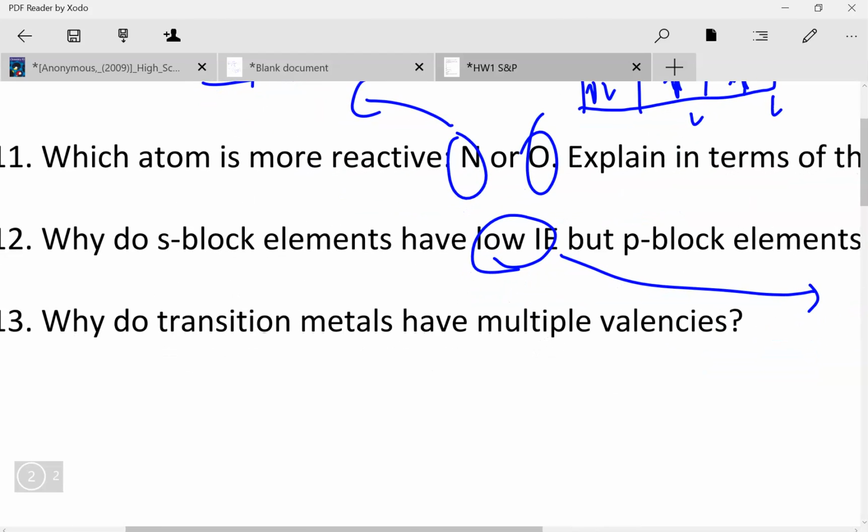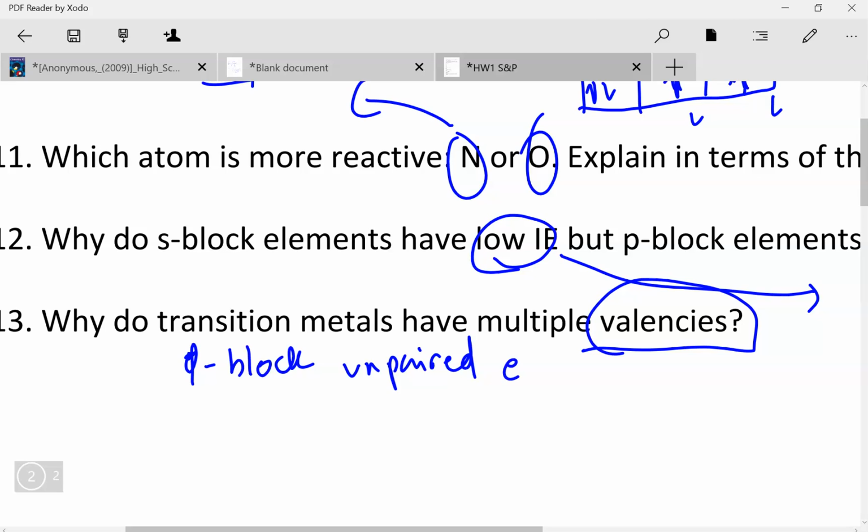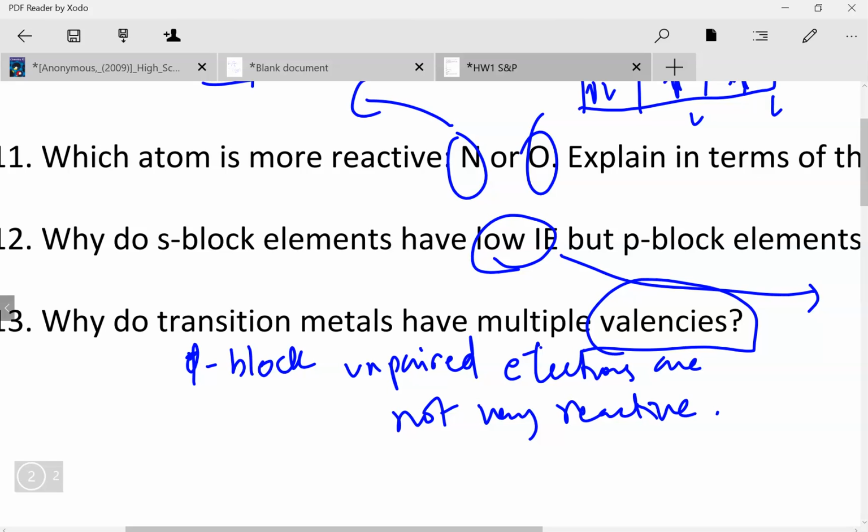Why do transition metals have multiple valencies? Valencies is also some word you can use instead of transition states, I should say. That's because the d orbital unpaired electrons are not very reactive, so some of them leave, some of them don't leave.